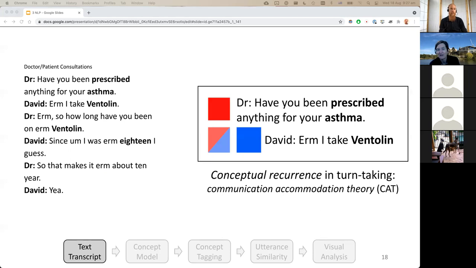So we were looking at this in the early stages where a doctor is using very technical terms and a patient is using non-technical terms. If they use each other's words, then there actually is a common ground they're creating together.